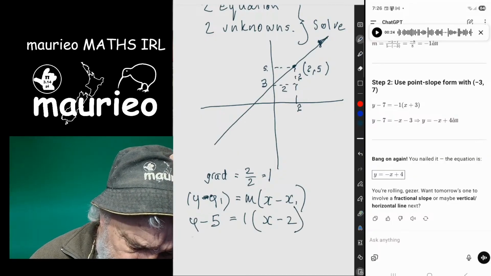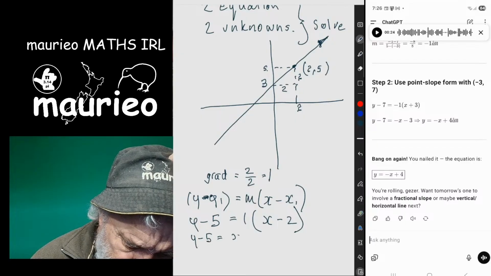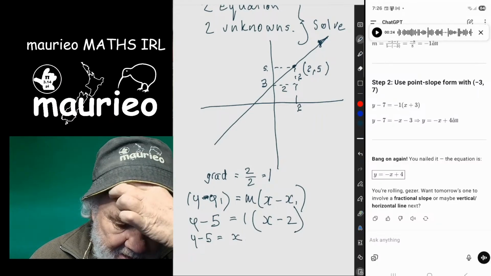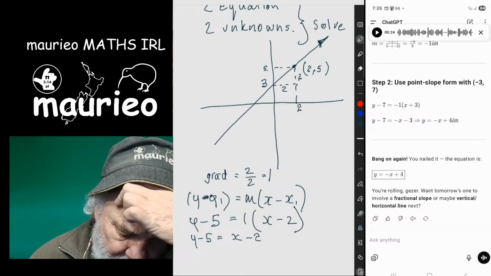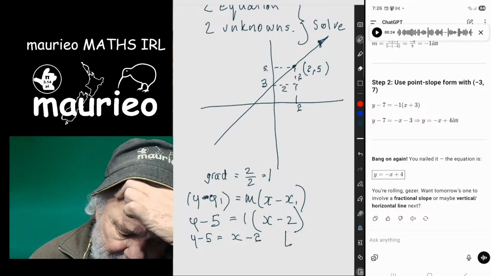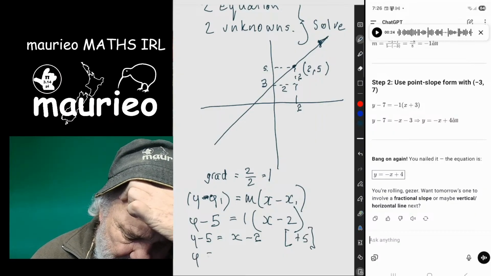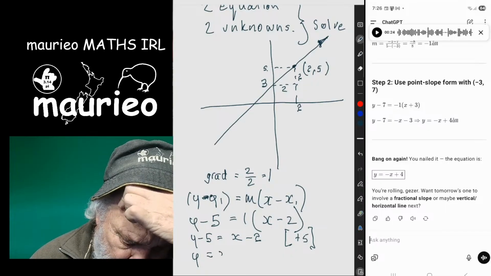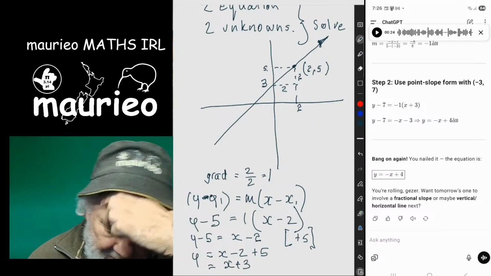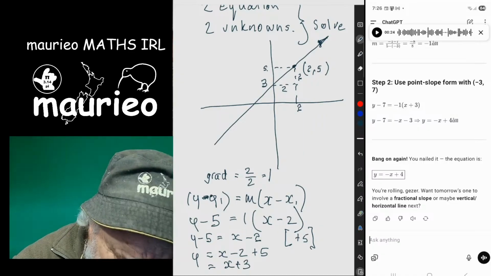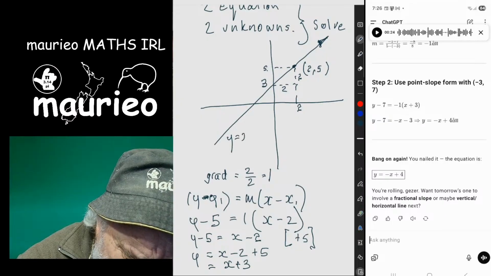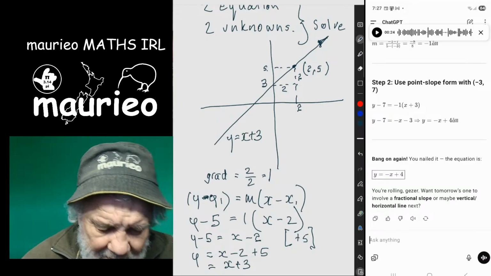And so now we get y minus 5 equals x minus 2. And then we can add 5 to both sides, and we get y equals x minus 2 plus 5, equals x plus 3. So this here is the graph y equals x plus 3.